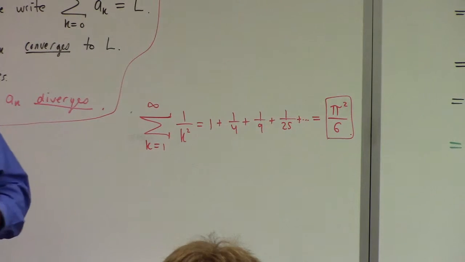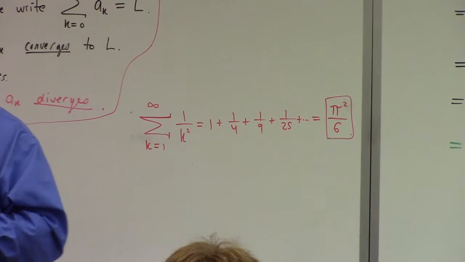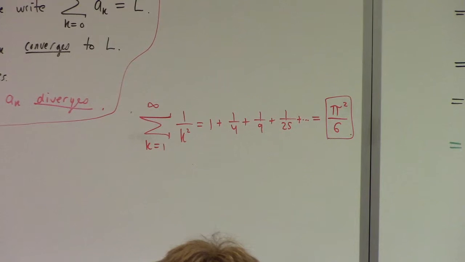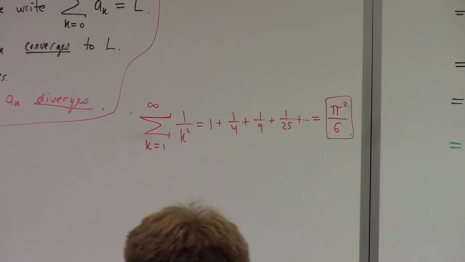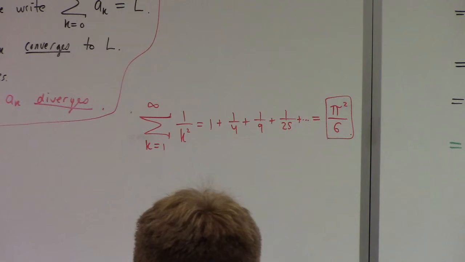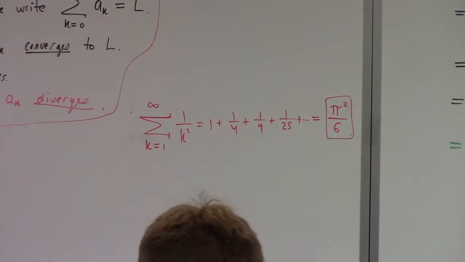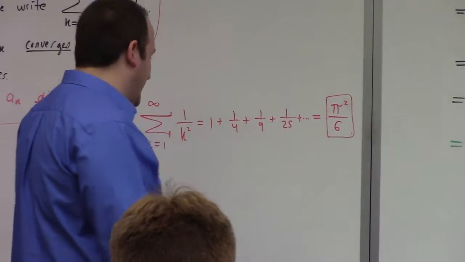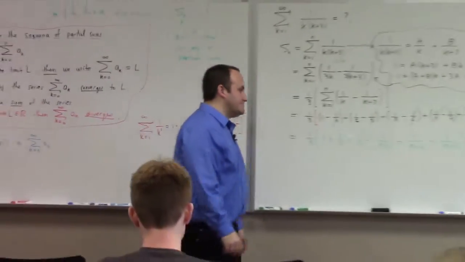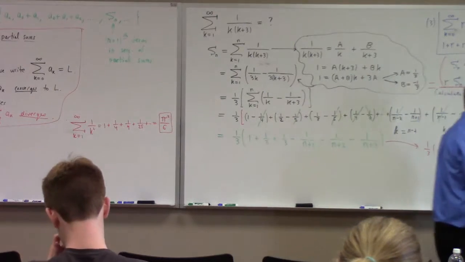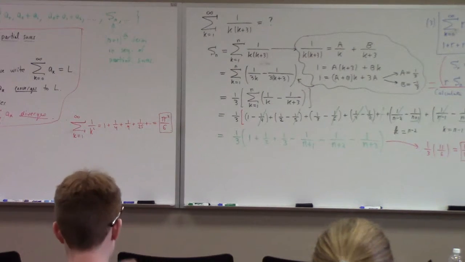I assure you, if you try to calculate the nth partial sum for that one, well, if you can find a way on your own to do it, show me. I can definitely write you a letter. I probably should give you an A in this course, if you can show me that through elementary means.